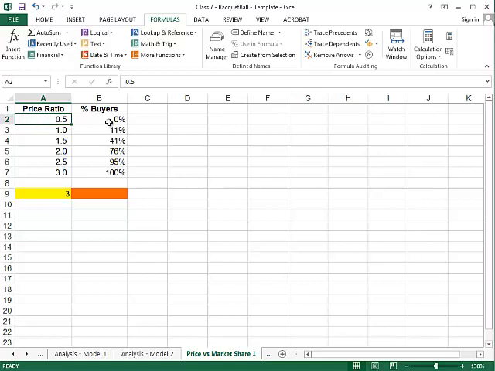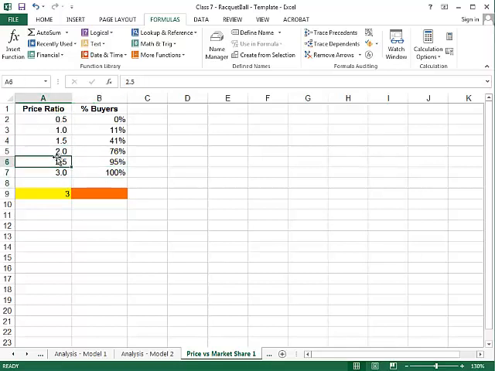And in that case, you see that we don't get any of the market. But if we can price our balls 1/3 of the competitors, then we will end up getting the entire market share. The question is, where should we be in this price ratio spectrum?